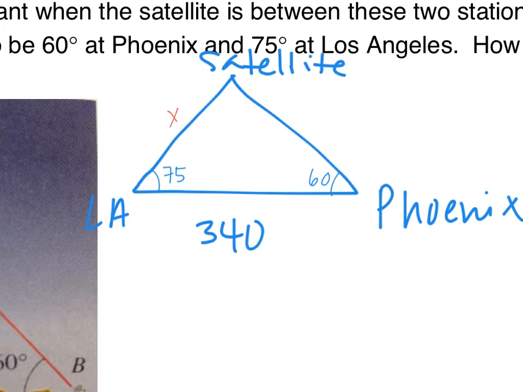So looking at this, we can figure out one of the other angles very easily. So this angle up here, I'm going to do 180 minus 75 minus 60. And I get 45. Now I've got this pair together and I can do law of sines.